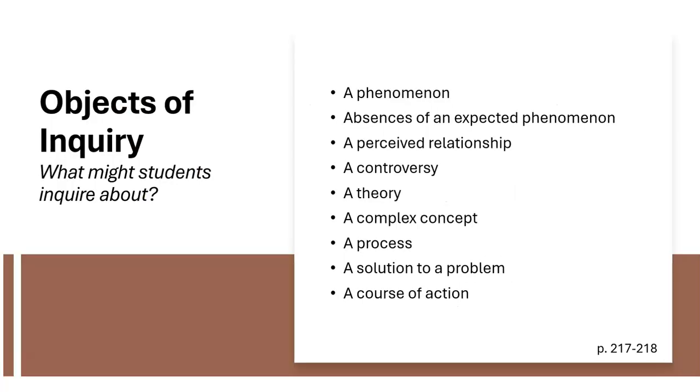In the book, on pages 217 to 218, they list a number of objects of inquiry. These are basically what students might inquire about. The book does a great job of showing questions and examples for all of these items.